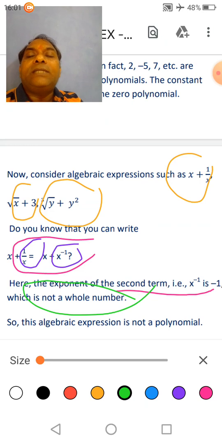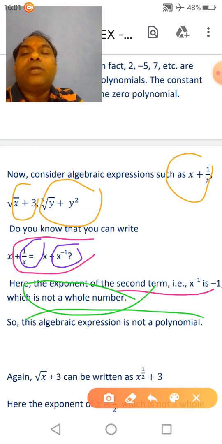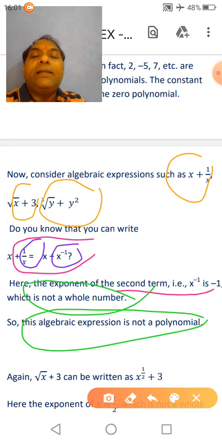So this algebraic expression is not a polynomial. Clear? You have to remember.